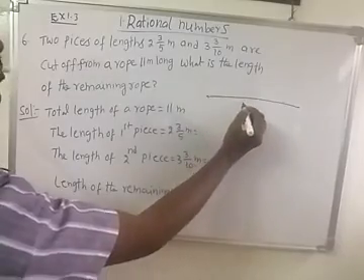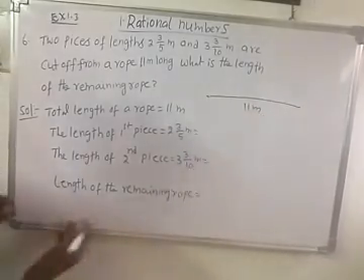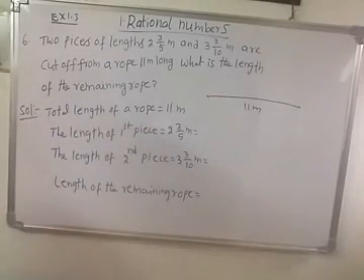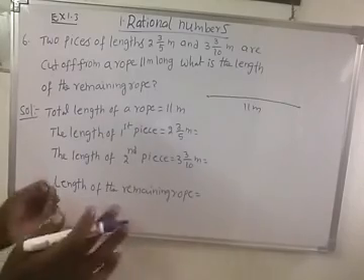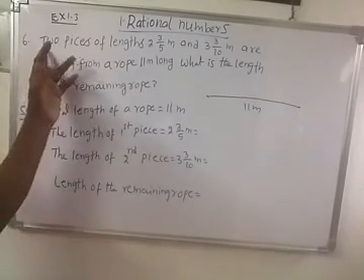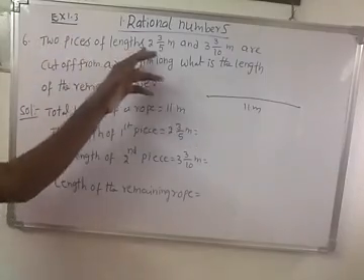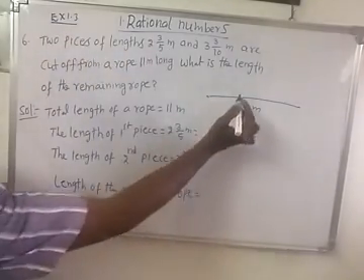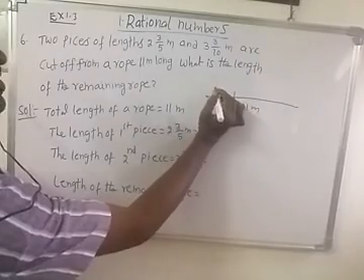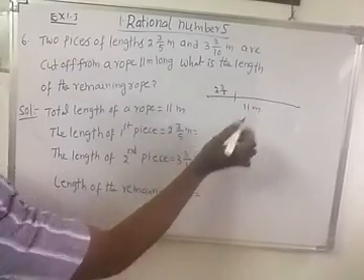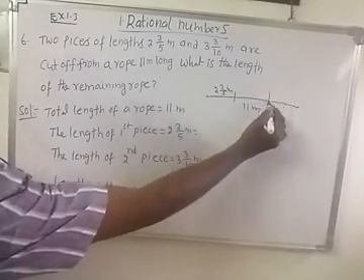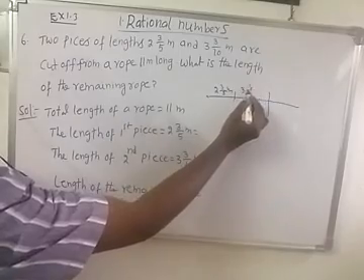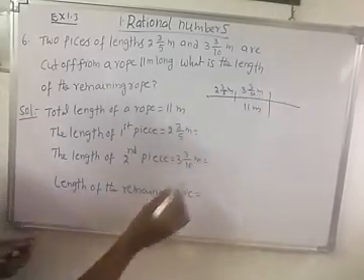So the rope total length is 11 meters. So this is a cutout. So the first piece length is 2 3 by 5 meters, and the second piece length is 3 3 by 10 meters.